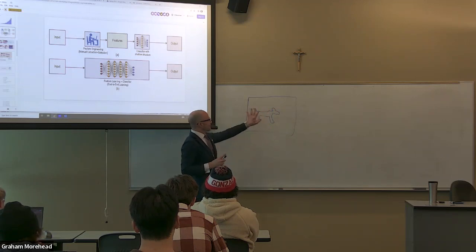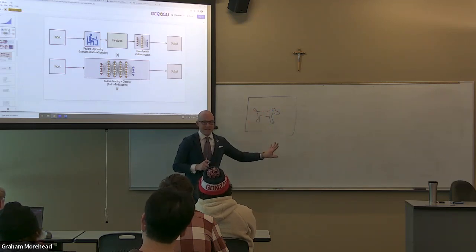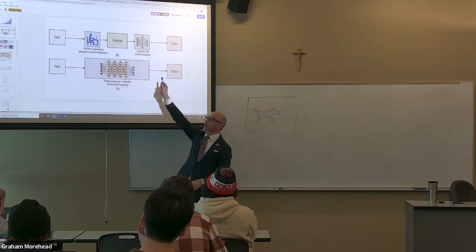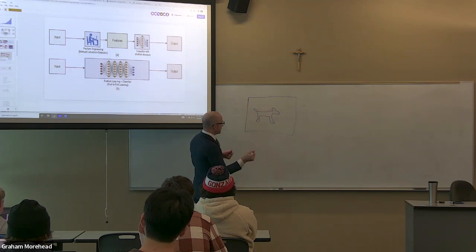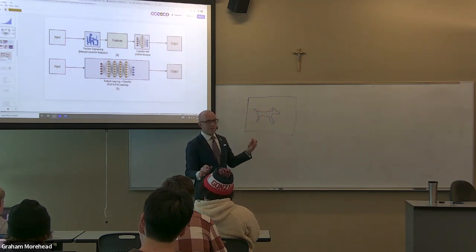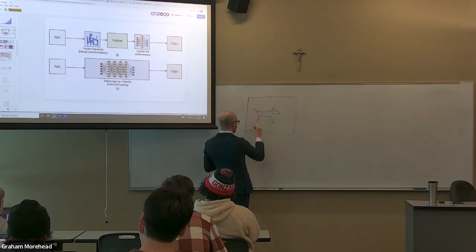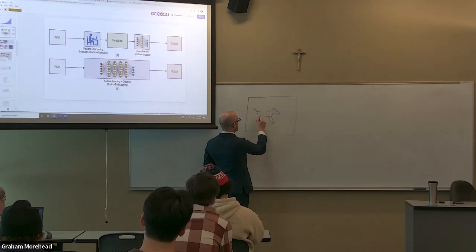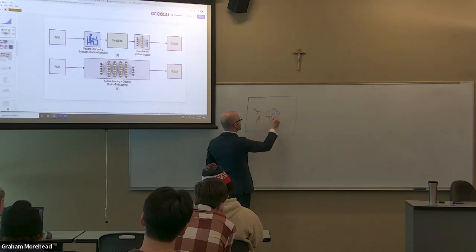So if we're trying to decide what animal this is, then the important features are decided by a human in the old days. And you would do things like defining the features in terms of width of different parts and length of different parts and where they are.